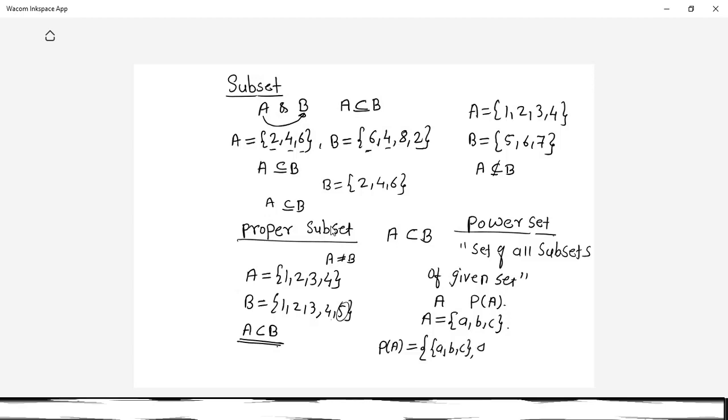Then phi, that is the empty set, is also considered as one of the subsets of any set. Then a set with one element, a, can be a subset. A set with one element, b, can be one subset. A set with element c can be a subset.